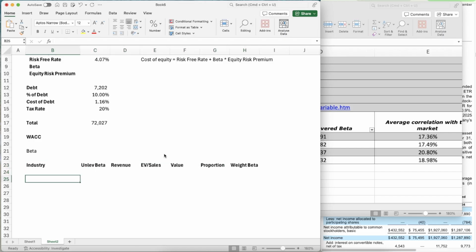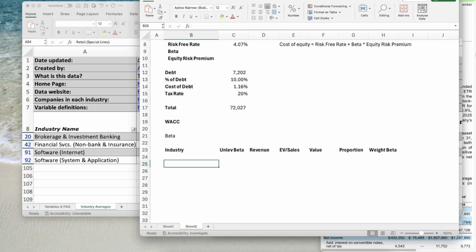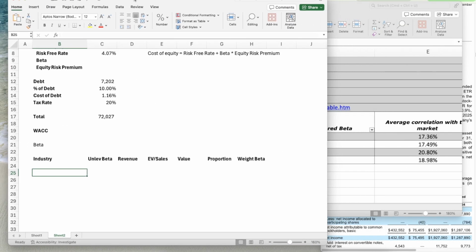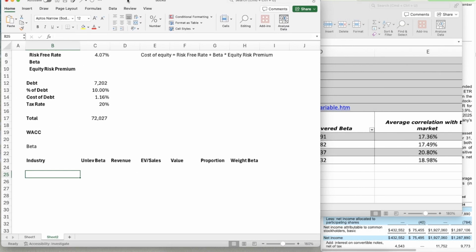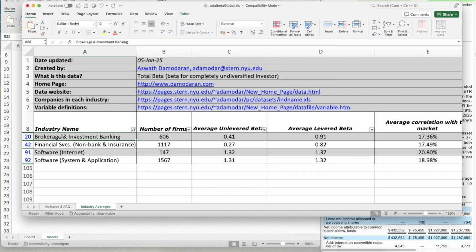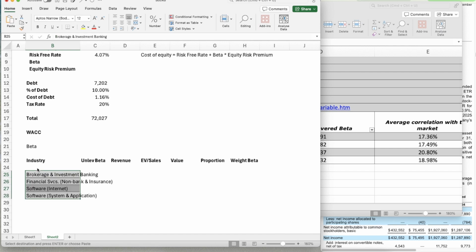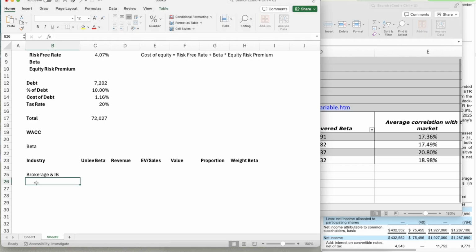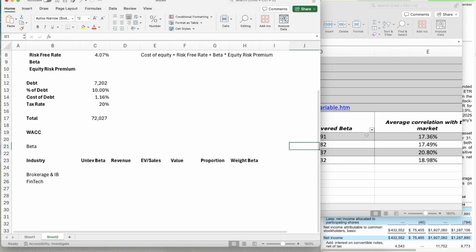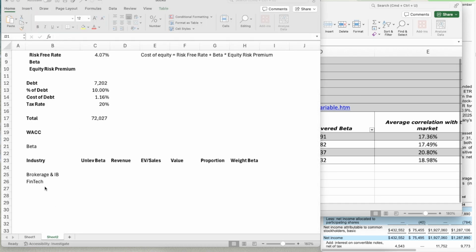So we'll go brokerage, investment bank, call it fintech, software, internet.